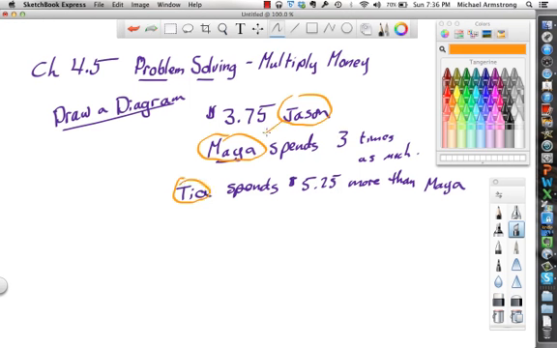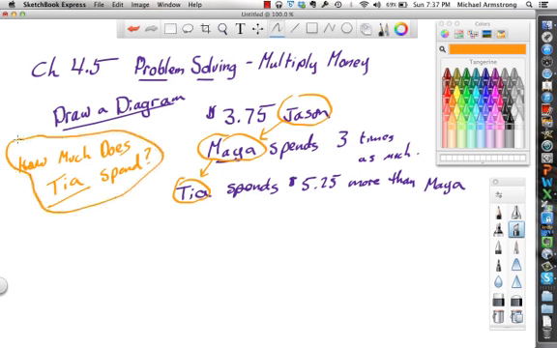So we're going to go from Jason to Maya, from Maya to Tia, to answer the question, which is, how much does Tia spend? All right, so this is our overall question. That's what we're trying to figure out here.